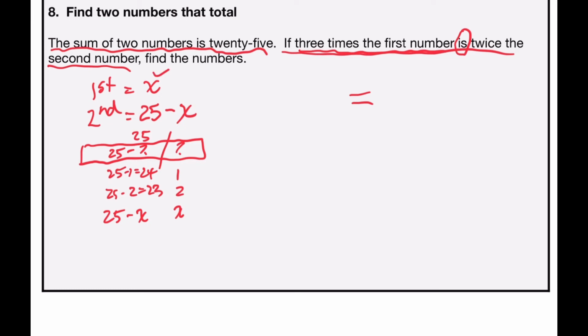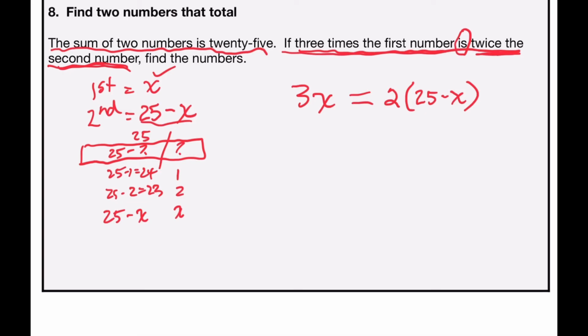Well, the first number is x, and 3 times that would be 3x. The right side expression says twice the second number. Well, the second number is 25 minus x, and I want 2 times that. And remember to put it in parentheses because the number itself is represented by 25 minus x. And so my equation says 3x equals 2 times 25 minus x.